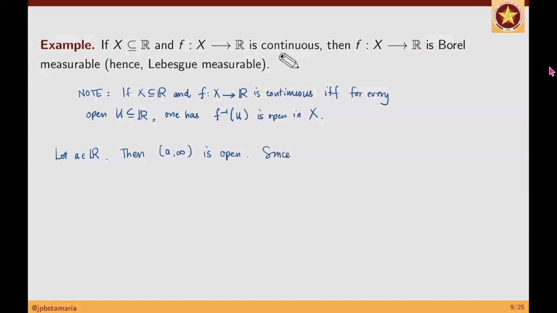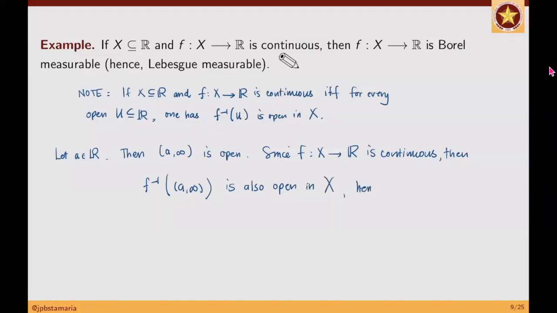Dahil kung nga si F is continuous, anong magiging conclusion? Since F is continuous, then the inverse image of the interval from A to infinity is also open in X. Hence, Borel.